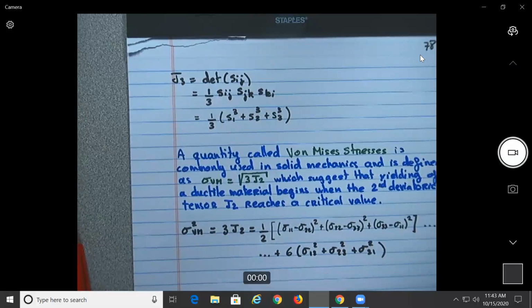Or in function of the other ones, it will be 1/2 of (sigma 1 minus sigma 2) square plus (sigma 2 minus sigma 3) square plus (sigma 3 minus sigma 1) square.